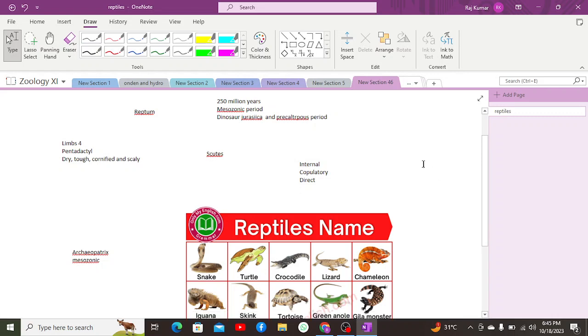The first is the amnion, another is the allantois, and the membrane present between the shell and the egg is known as the chorion.